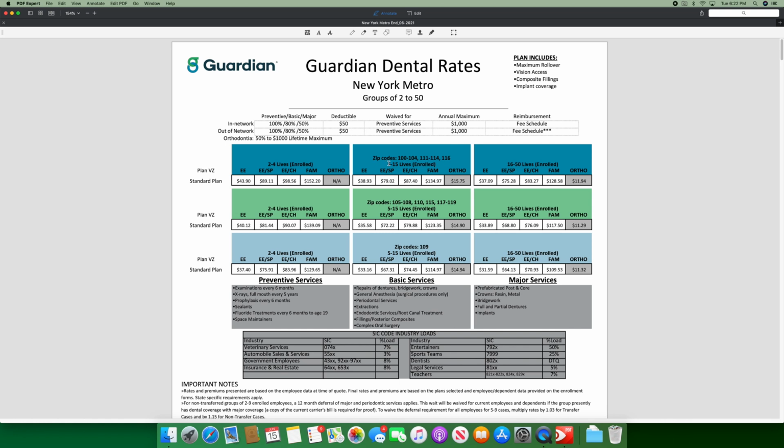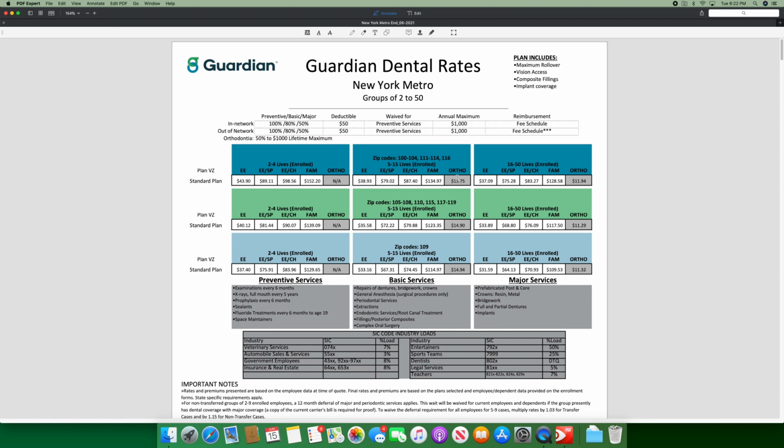Let's say we have 7 employees in our example. So we're going to be going with this one in the middle, because we have over 5 employees but under 15. And here we can see the rates for an individual with a spouse, an individual with children, and a family rate. And also the additional orthodontics rate, which would be $15.75.